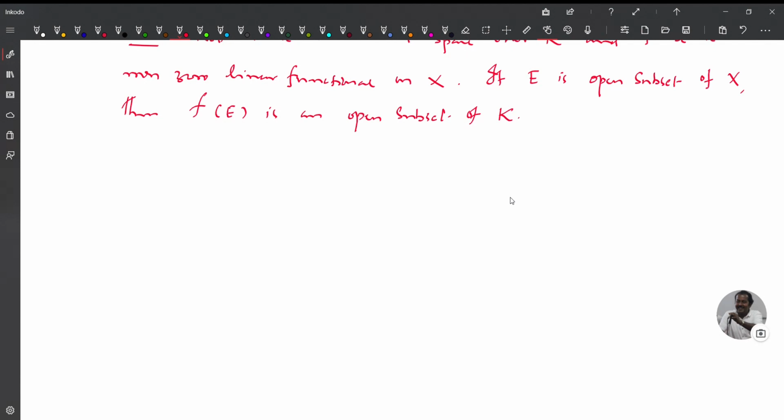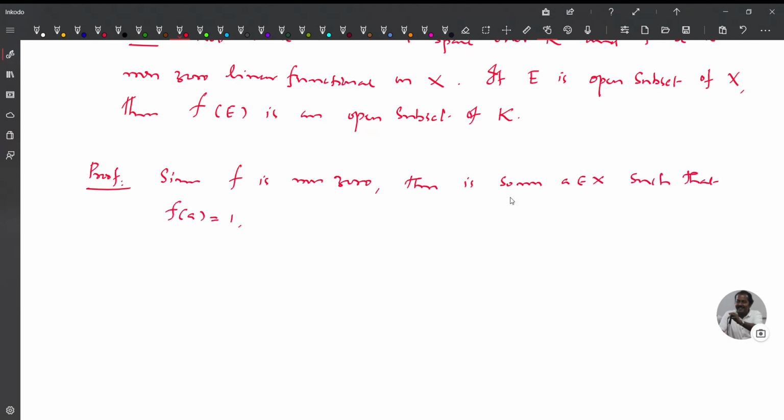Proof: since f is non-zero, there is some a in X such that f(a) = 1. Since if f(d) is equal to some k with k not equal to 0, then (1/k) f(d) is equal to 1.